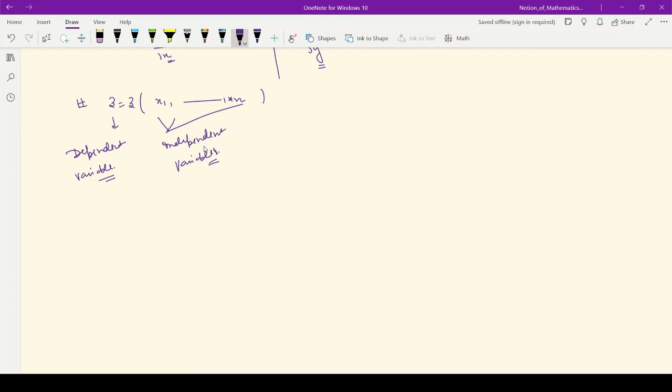Since there is more than one independent variable, we will find partial derivatives here. So my question is, how many partial derivatives will exist? Since n independent variables are provided, n partial derivatives will exist, that is partial z by partial x1, partial z by partial x2, partial z by partial x3, and so on and so forth, partial z by partial xn.